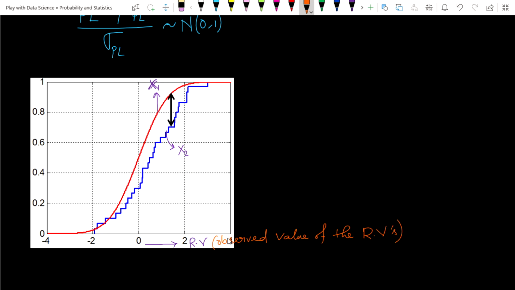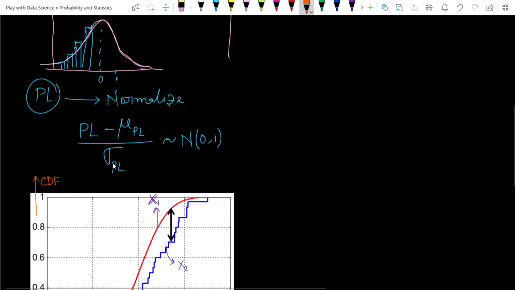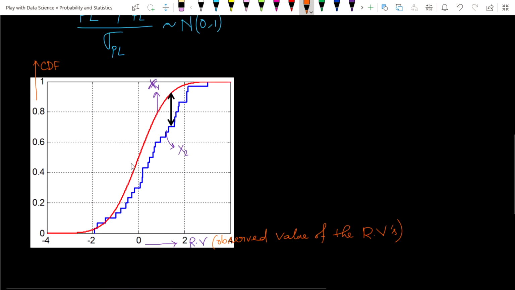The y-axis is the CDF, the cumulative distribution function of these random variables. Those are the two things we have. Now, first we have to design the statistic. The question is how we will design it.